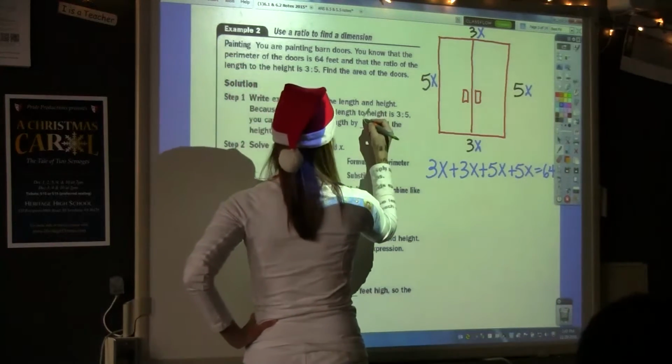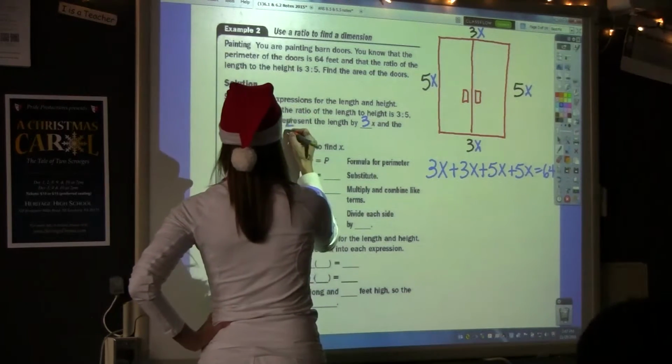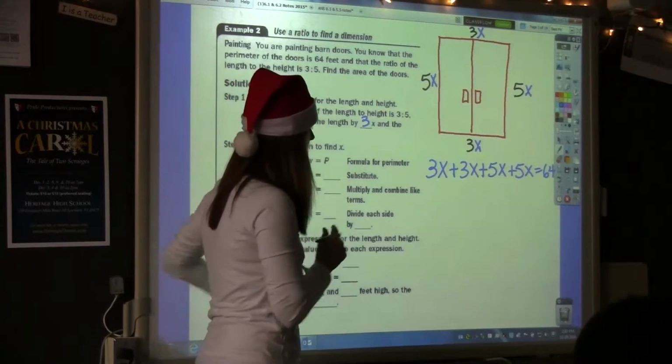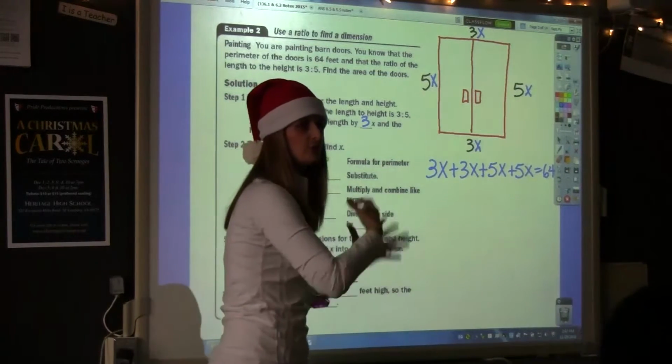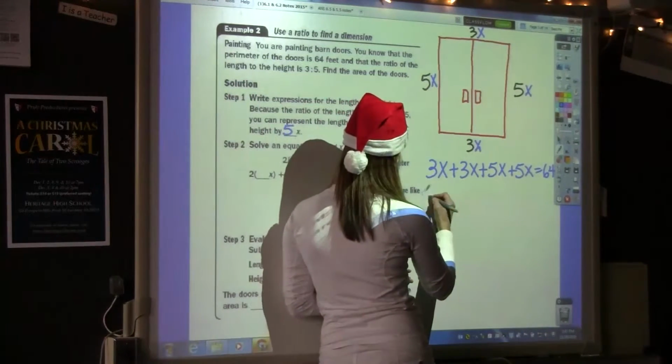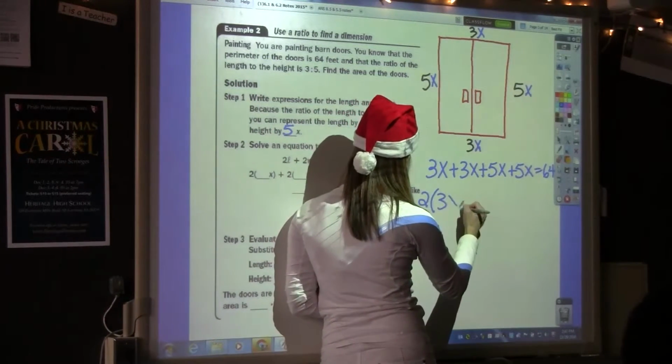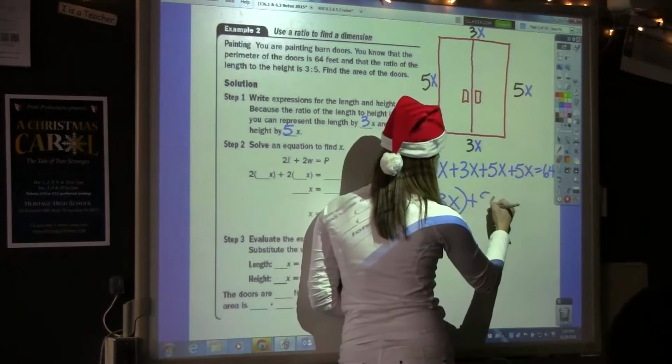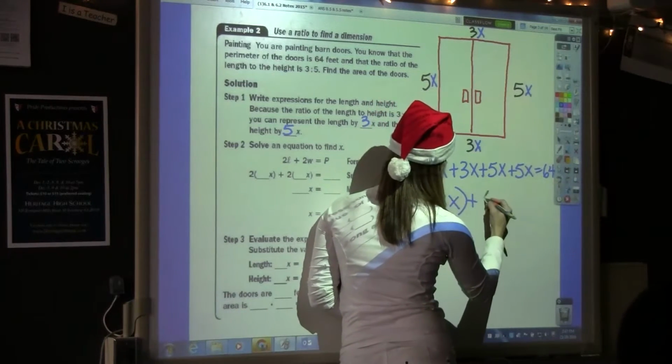Okay. And let's represent the length by 3x and the height by 5x. Now another way to write this is we have 2 3x's and 2 5x's. So you don't have to write it this way, but you will see it sometimes this way. And I don't care how you think about it.